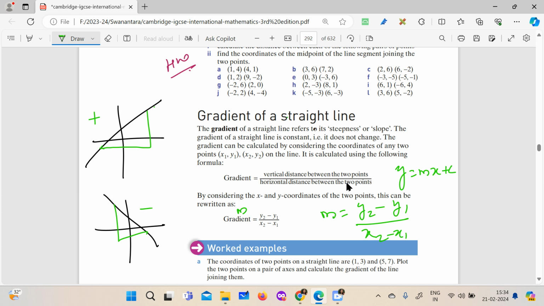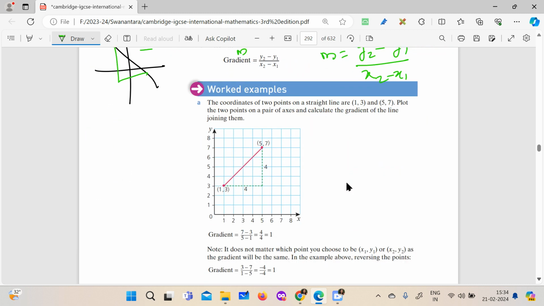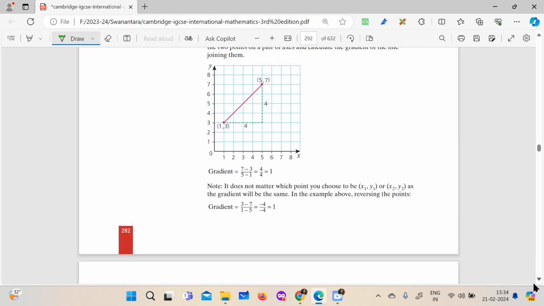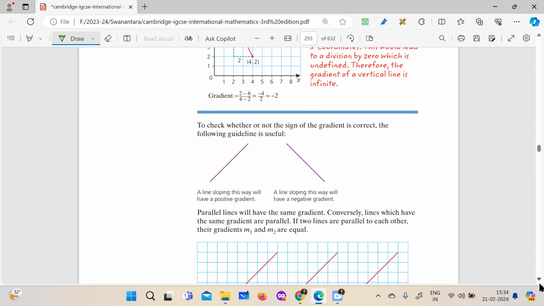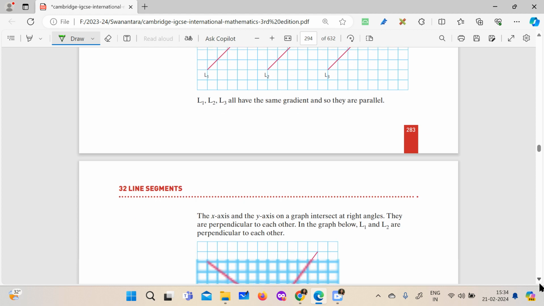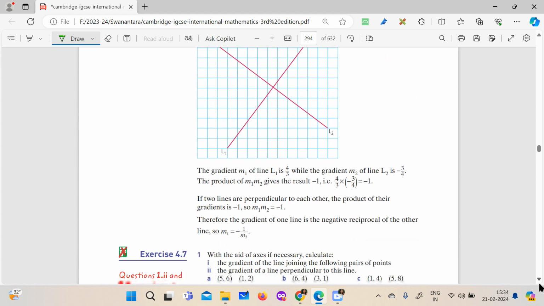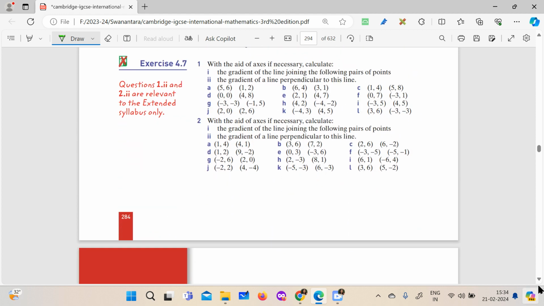So let's work on this. In general terms, we also call it rise over run. Rise is the change in the y axis and the run is the change in the x axis.